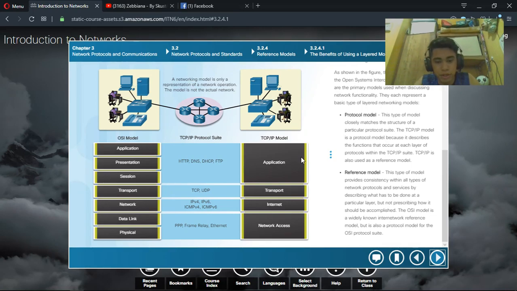Next is the transport. Transport has nothing changed in the OSI model. The internet was interchanged by network in the OSI model, and the network access from the TCP/IP model was divided into two, which are data link and physical layer.